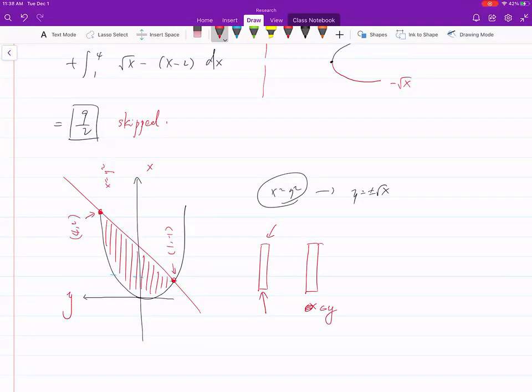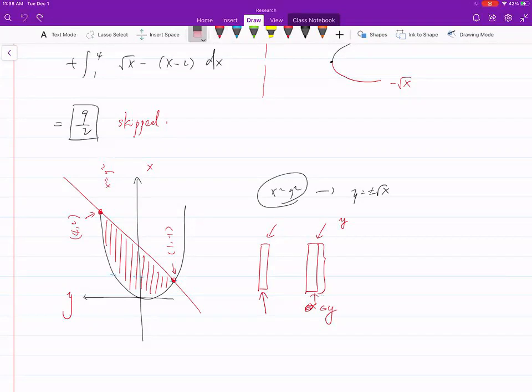Okay, what's the height? The height should be this one minus that one, but what is that one? That is going to be a function of y, of the straight line. And this one should be a function of y in terms of the parabola. Good so far? All right, with that in mind, now let's redo this.